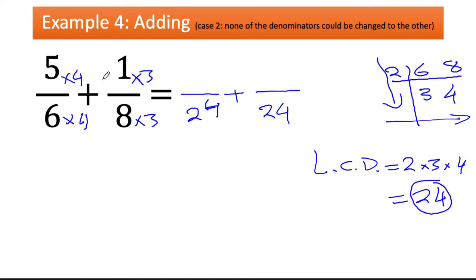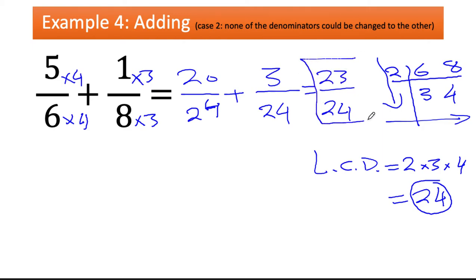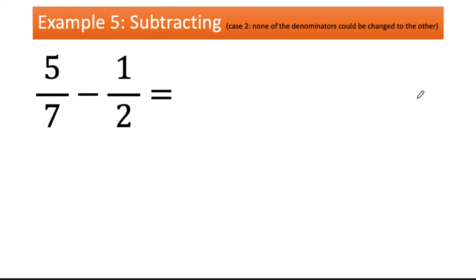Now write the answers. 5 times 4 is 20, and 1 times 3 is 3. Now I will have one fraction with a 24. 20 plus 3 is 23. This will be the result. I can't simplify more, so I will leave it as it is.